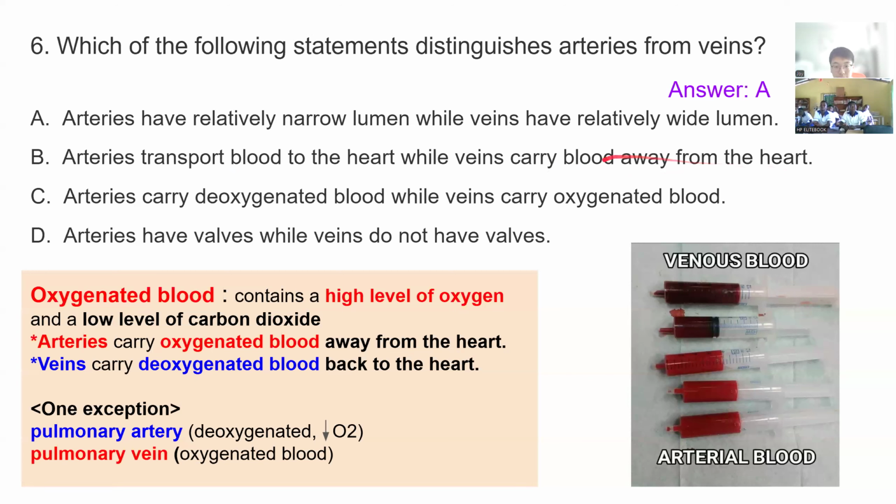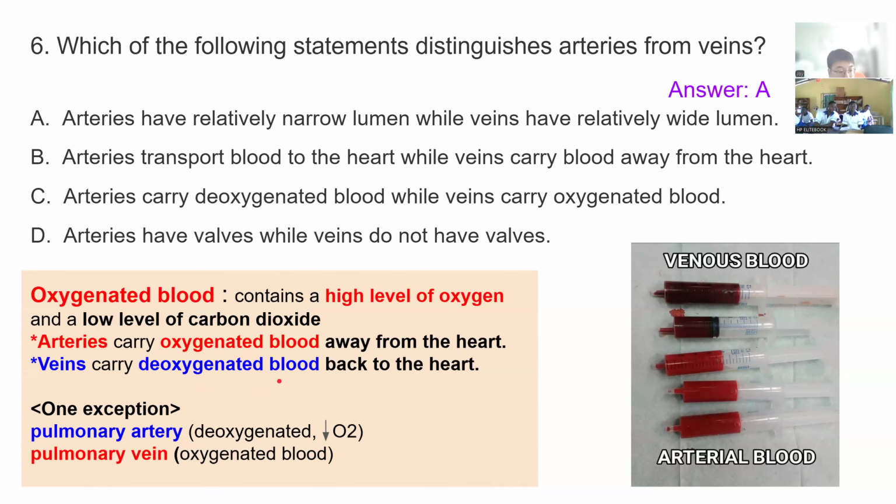This is the opposite, as veins carry blood to the heart and arteries transport blood away from the heart. And oxygenated blood contains a high level of oxygen, and arteries carry oxygenated blood away from the heart, and veins carry deoxygenated blood.